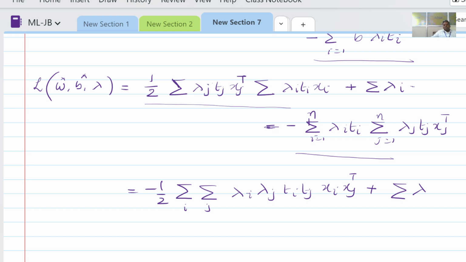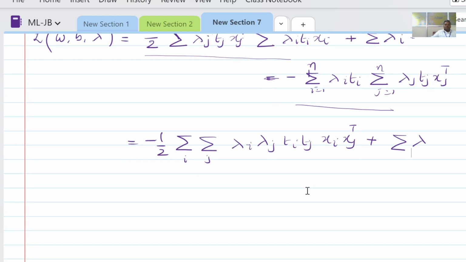So if this condition is fulfilled, we can get the W value from this equation, and from this we can calculate the W value and we will calculate the B value.